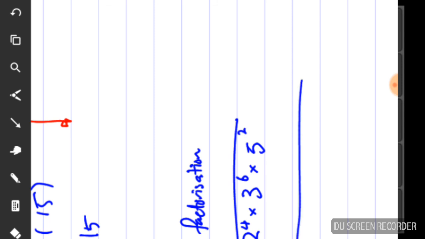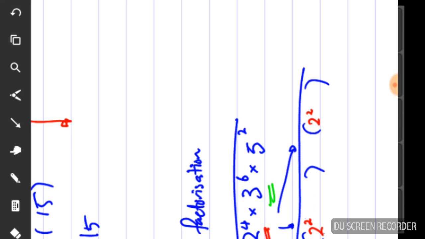Now, how do I split them up into 2 brackets? We look at the first one. 2 to the power of 4 means there are 4 2's. And to split into 2 equal brackets, I will need to have 2 squared. So in this case, I will have 2 squared and 2 squared.